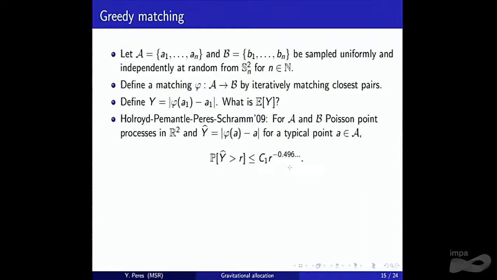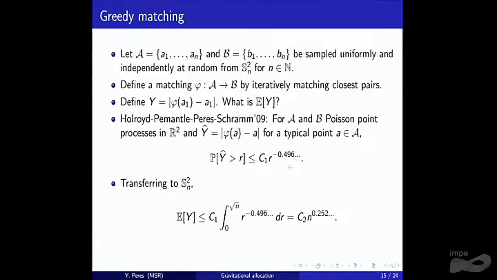So I mentioned to you the greedy case. In 2009 with Holroyd, Pimentel, and Schramm, we published an estimate on the distribution of the distance traveled by a point. And when you integrate that, you get that on the sphere, the average distance is bounded by about n to the quarter.